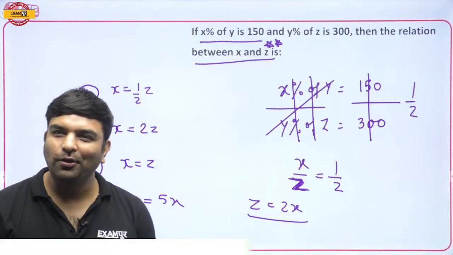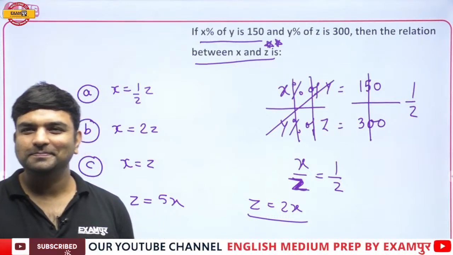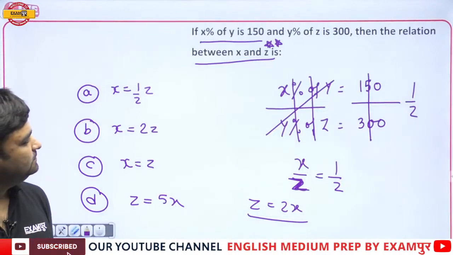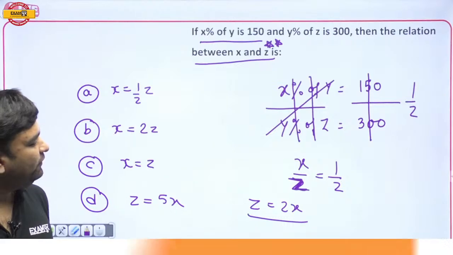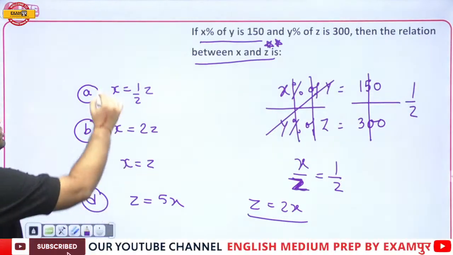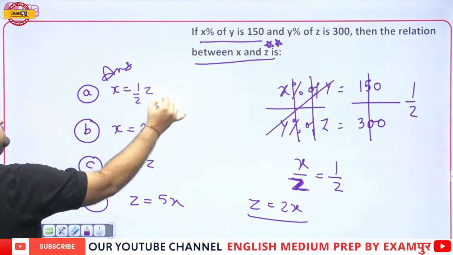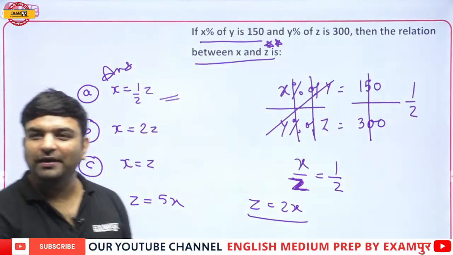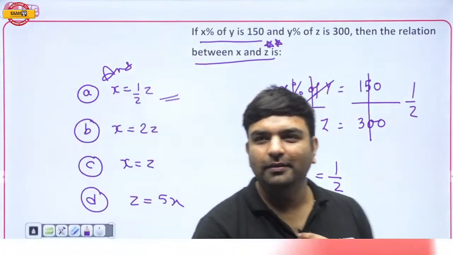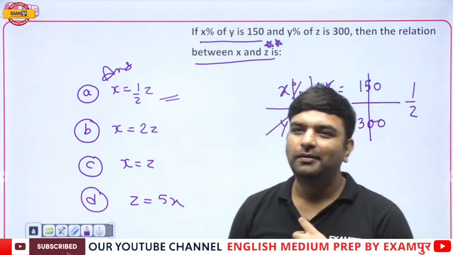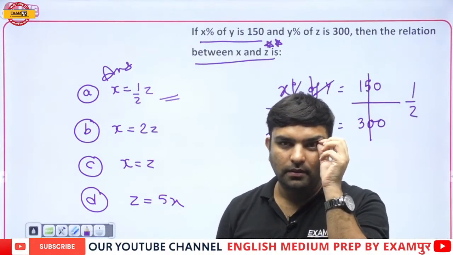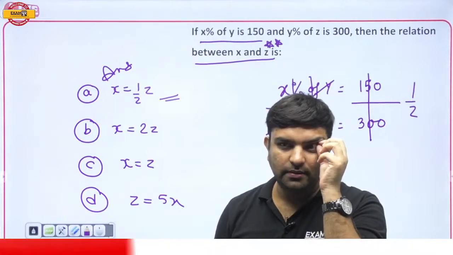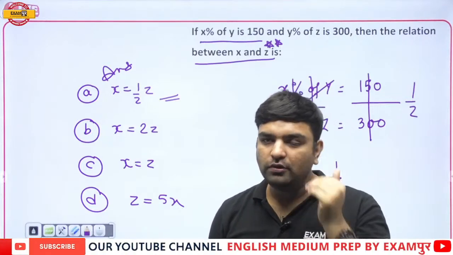Privani, you also made it wrong? Bacha, what have you done? Z is equal to 2X. Answer. A lot of people have made it wrong. Oh, Ram, Rashmi. What was this?